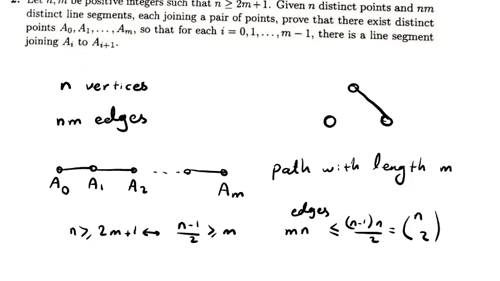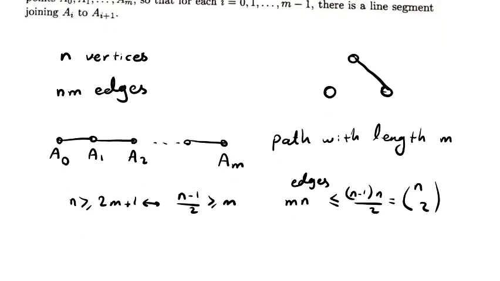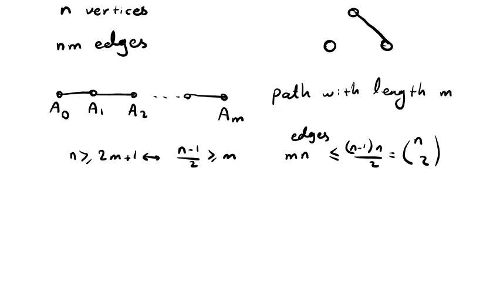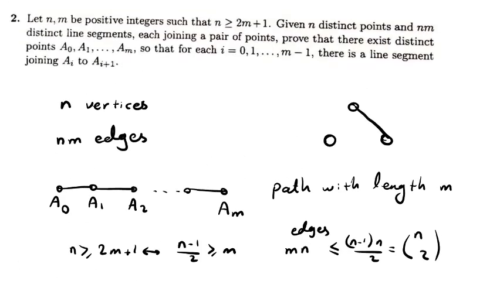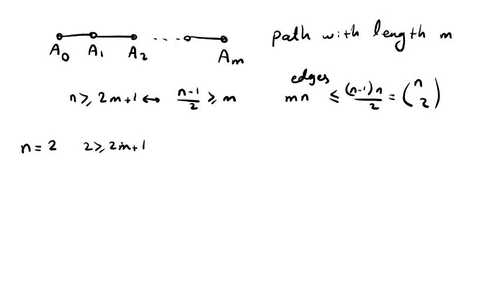So here, let's consider a small example to see what the problem means. For example, if n is 2, then n plus 1 is at most 3. And the problem says m and n are positive integers. So for n equal 1, m cannot be a positive integer.